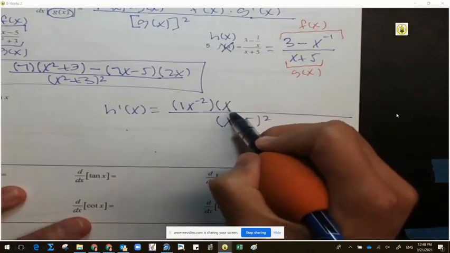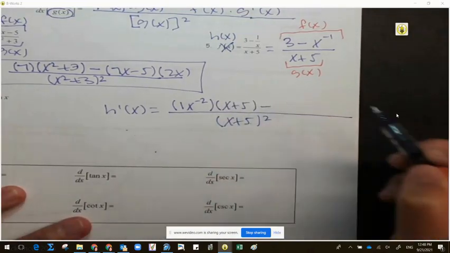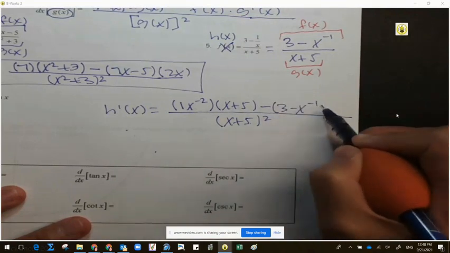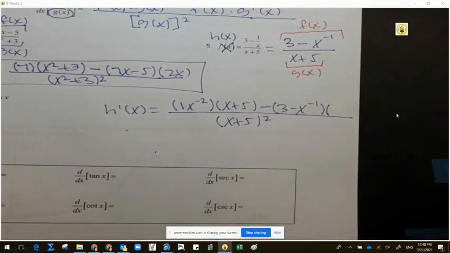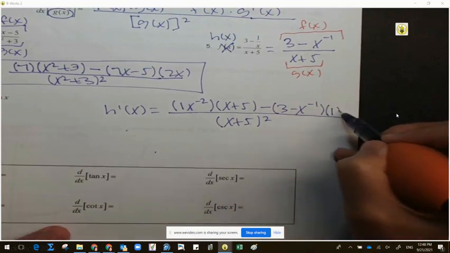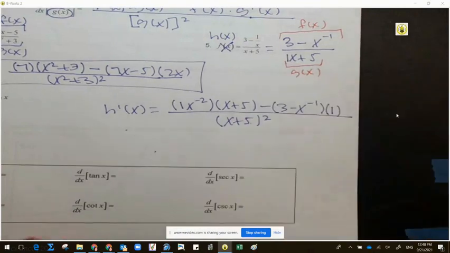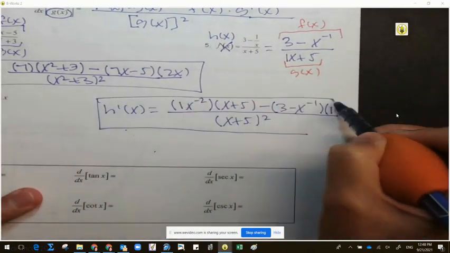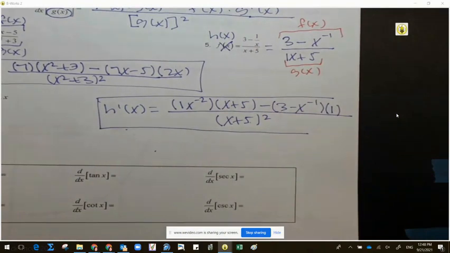Keep the bottom separated with the minus sign. Keep the top, even though it looks pretty fancy and ugly. What is the derivative of x? 1. There's an understood 1. And literally that's it. If it's a negative x, it'll be negative 1 as a derivative.